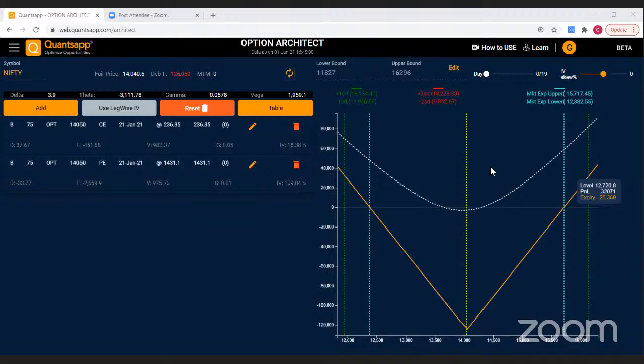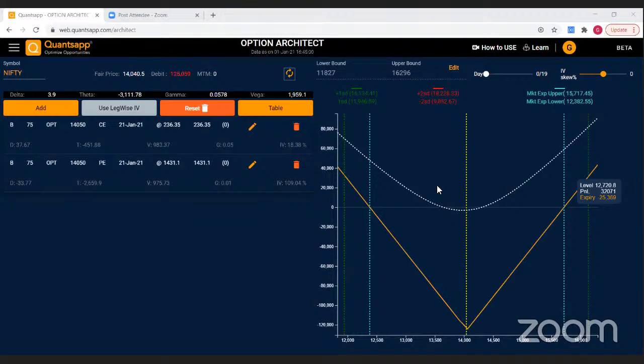If you can see the Vega here, Vega says the amount of change that will happen in the option premium with respect to a 1% change in volatility. So you should be looking at theta, Vega, delta. Volatility is very important, and we're going to see how you can do all of this in one go.